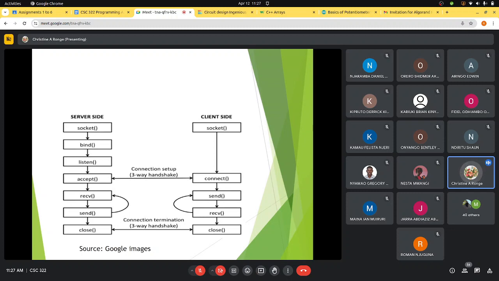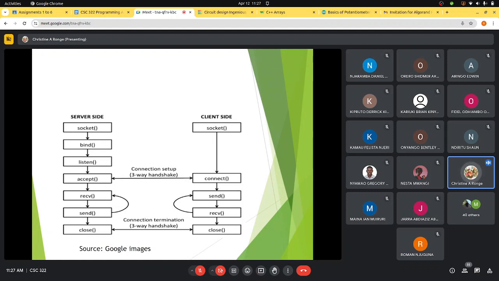There are several well-known servers on the internet. Just find out which are these well-known servers and what is the well-known address. So I mentioned, for example, all web servers, they run on port number 80. All the email servers will run on a certain port number and so on and so forth.